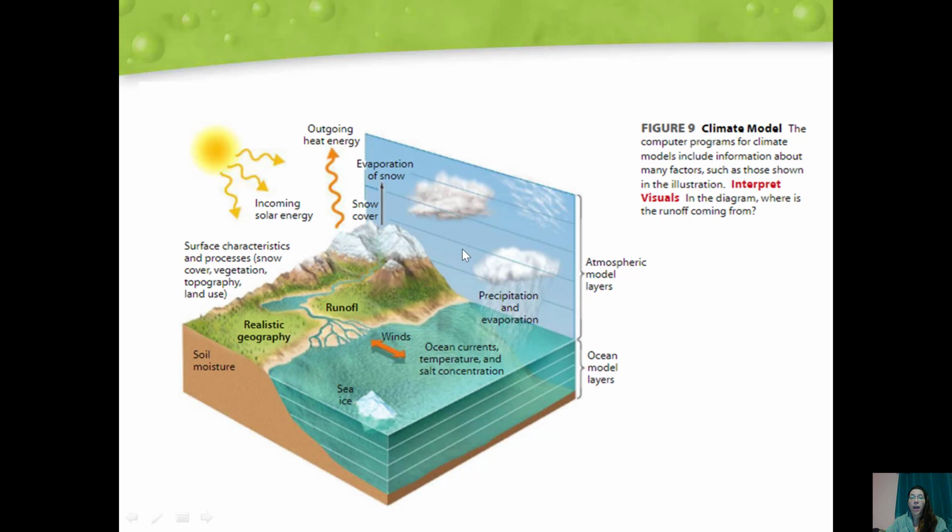Once you have evaporation occur and you have all that water vapor in the atmosphere, clouds are forming. Once those clouds get nice and full, they are going to condense and then precipitate, which means rain, snow, or sleet is going to fall out of the sky and back down to earth, where it starts to cycle all over again.